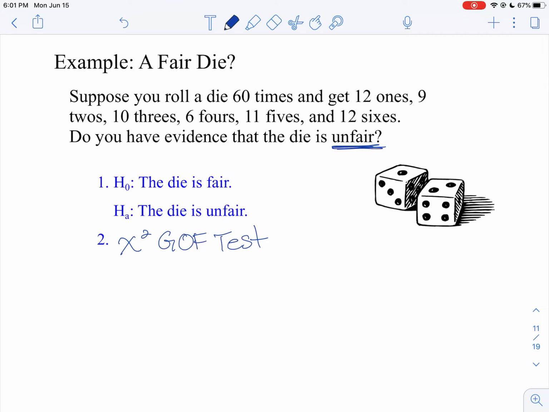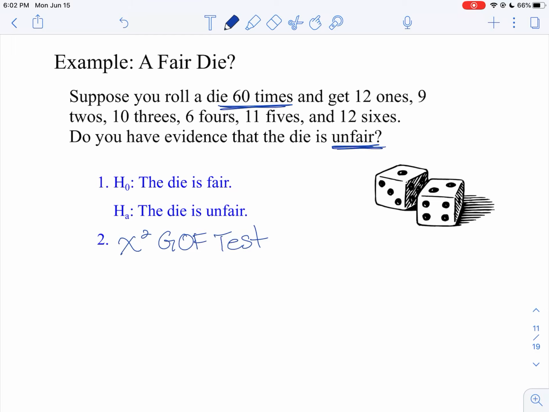So for our S statement, remember we're going to see, spelled funny, SIE, if the conditions check. For our S statement, we need to say that this is an SRS from the population of interest or from a randomized experiment. This is rolling a die 60 times, so I guess you could technically consider it an experiment. I just said it's a sample.